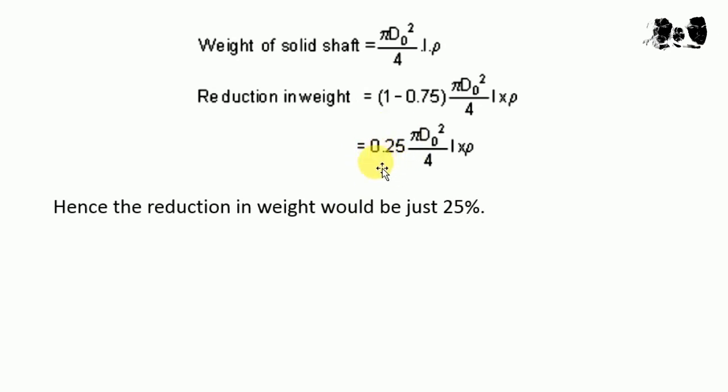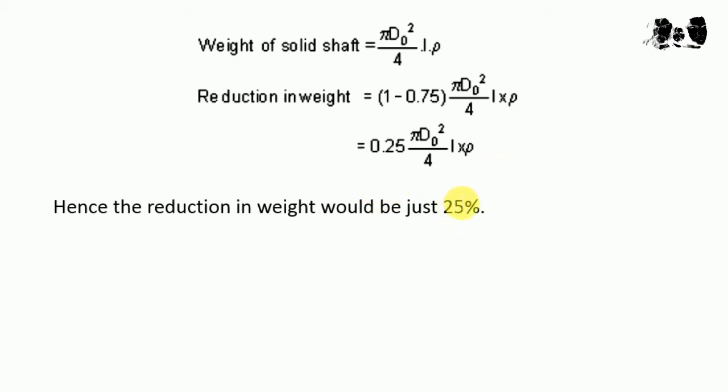Okay, what we conclude from these two parts, the hollow and solid shaft, is that in the case of the hollow shaft we have an increased value of shear stress, which is 6.6%, and a decrease in weight by 25%.